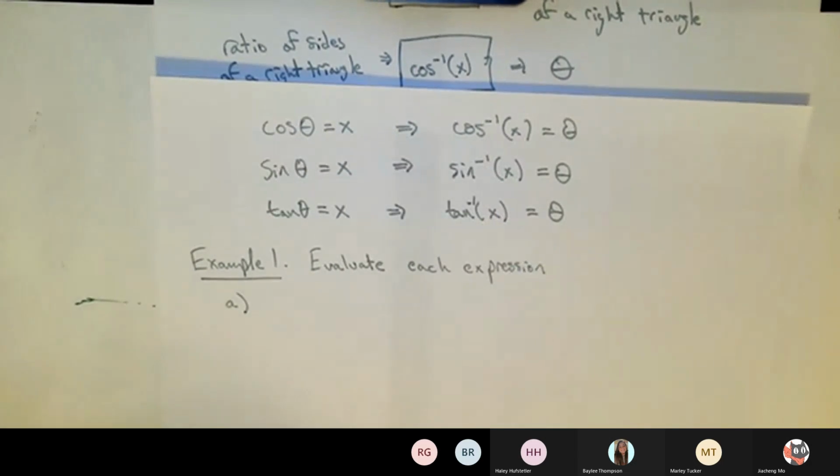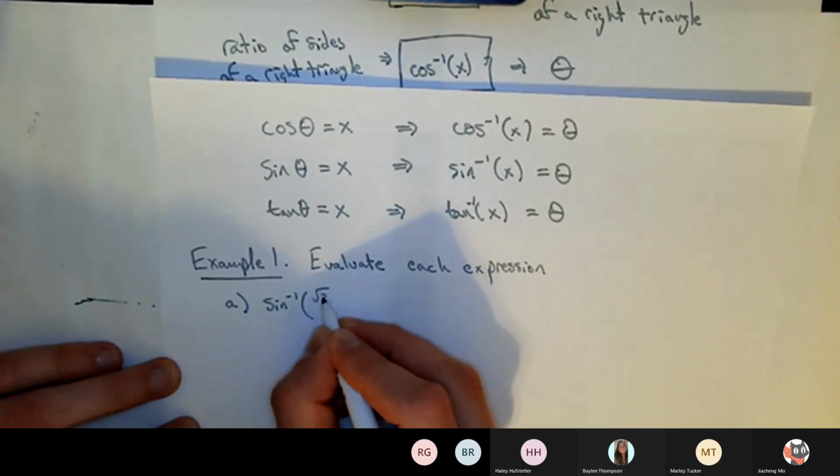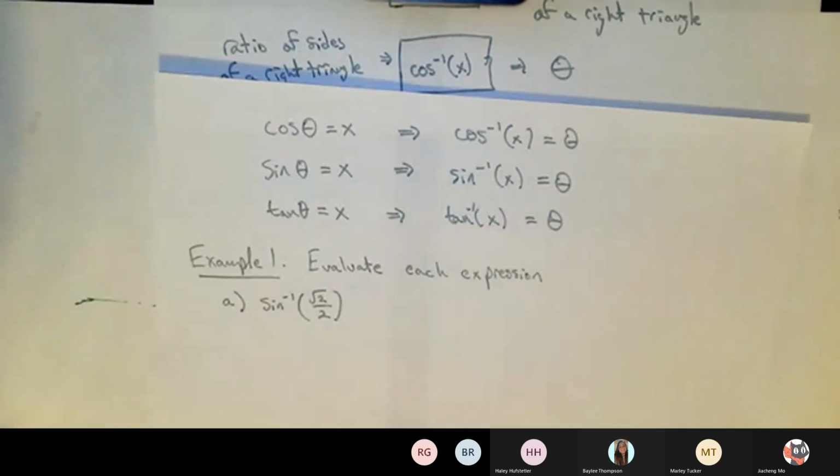A: sine inverse of square root of 2 over 2. Okay. So what does this mean?